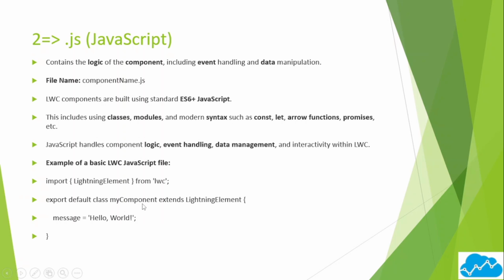The class name is MyComponent, extends LightningElement, and an opening curly brace. Here all our methods and functions will be there. In this case message is holding the data 'Hello World' in single quotes with a semicolon, and finally we close the curly brace.